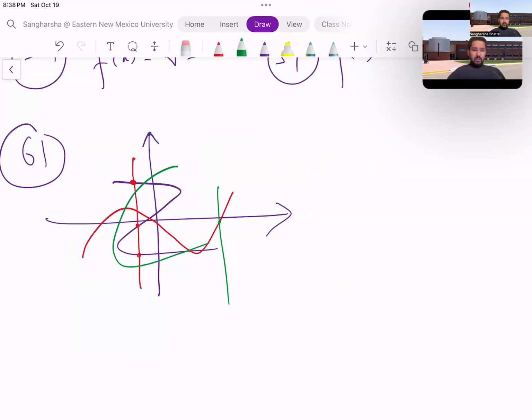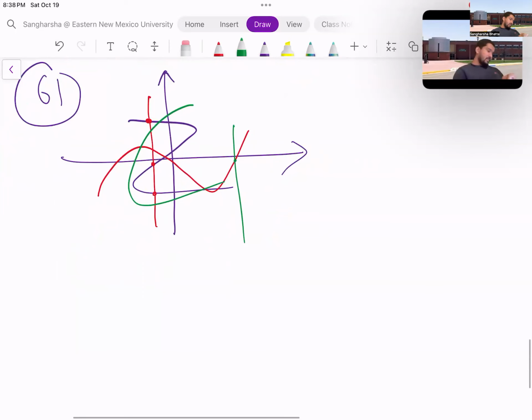Okay, so in 62, you are given a graph and you are asked to find some values. I think it's super easy, so I'm going to skip this one.